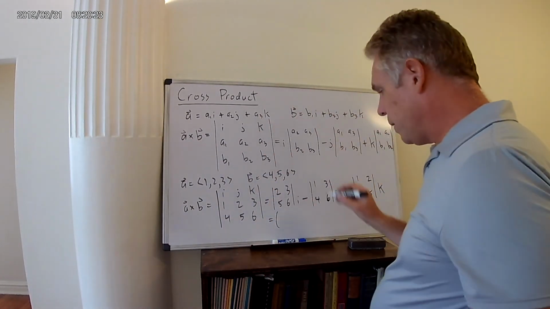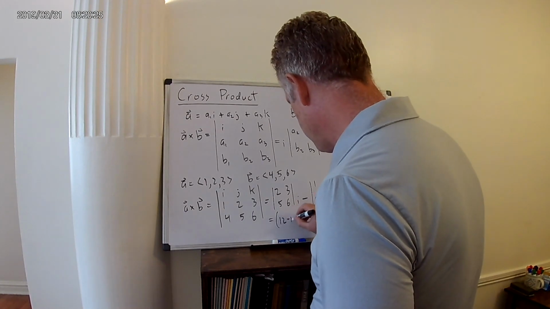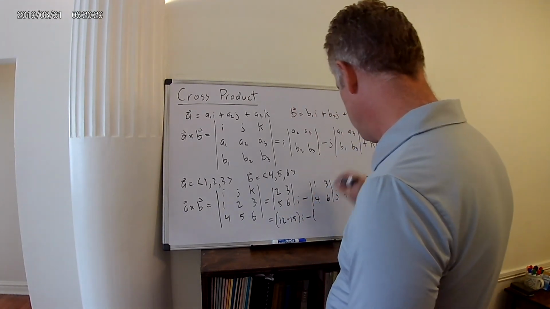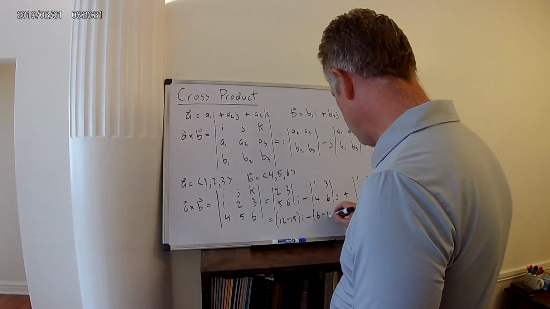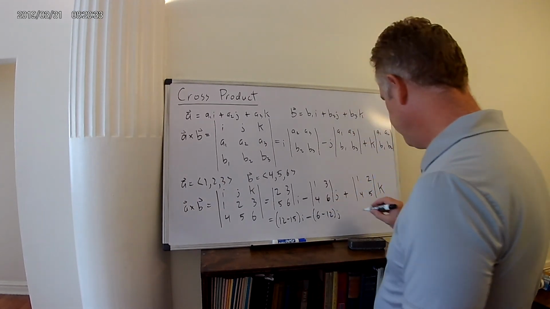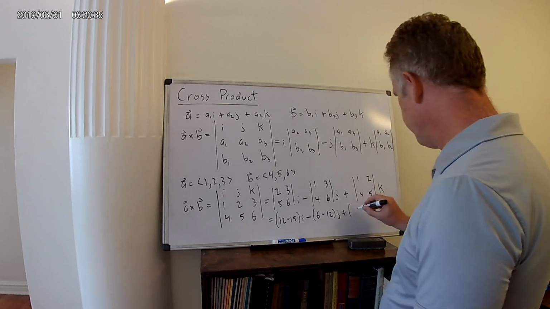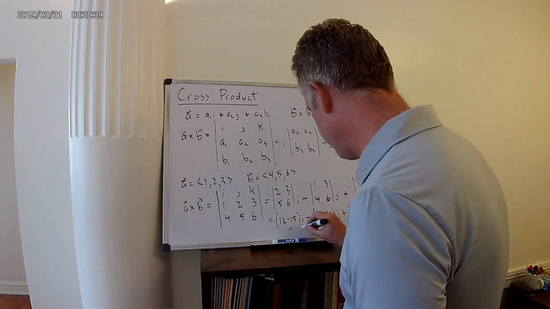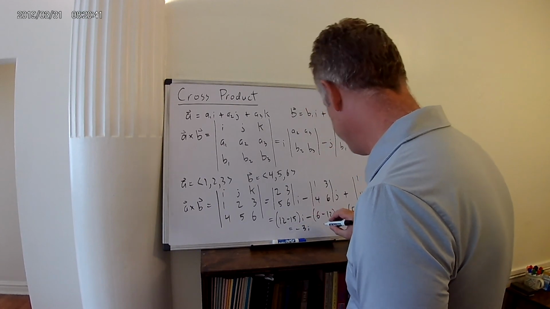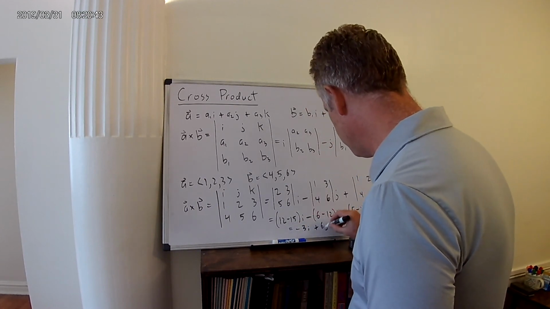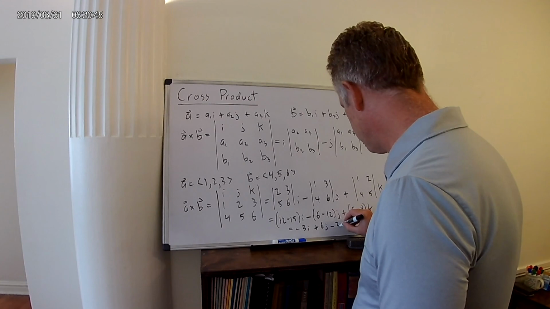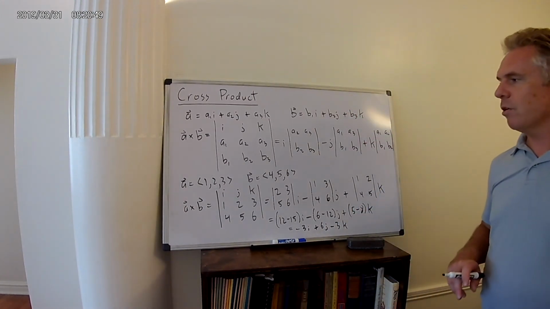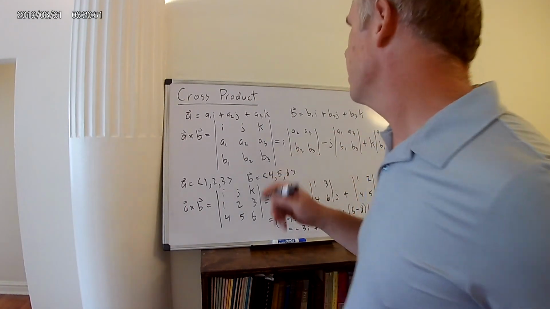If we cross multiply, we get (12 minus 15)I minus (6 minus 12)J plus (5 minus 8)K. And if we simplify this, this is minus 3I plus 6J minus 3K. So that's an example problem of calculating the cross product of two vectors.